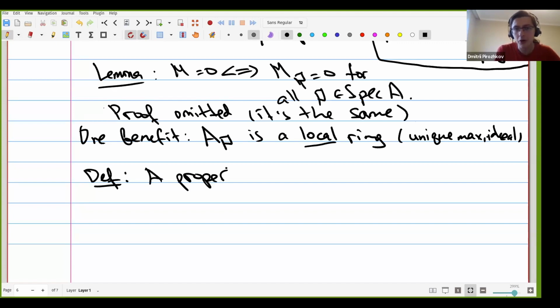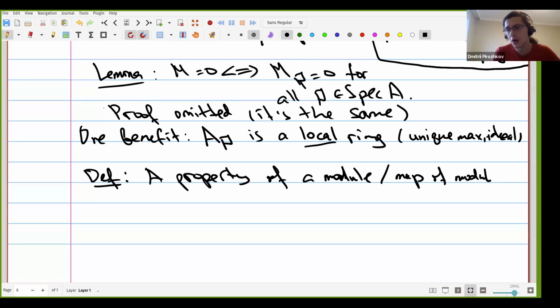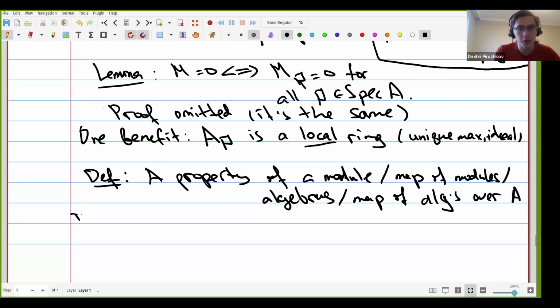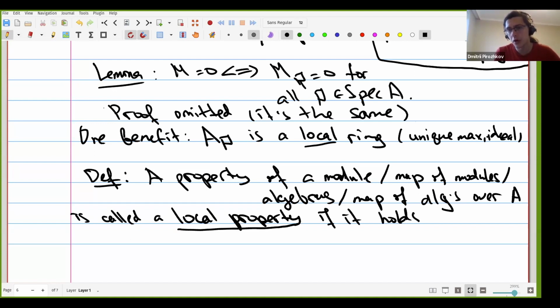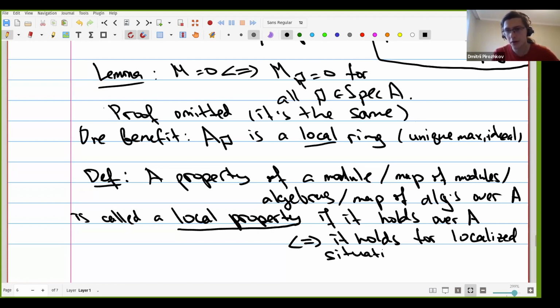It says that a property of a module or map of modules, or algebras, or map of algebras, over our ring A is called a local property if it holds over A if and only if it holds for localized situations over all prime ideals in the spectrum.